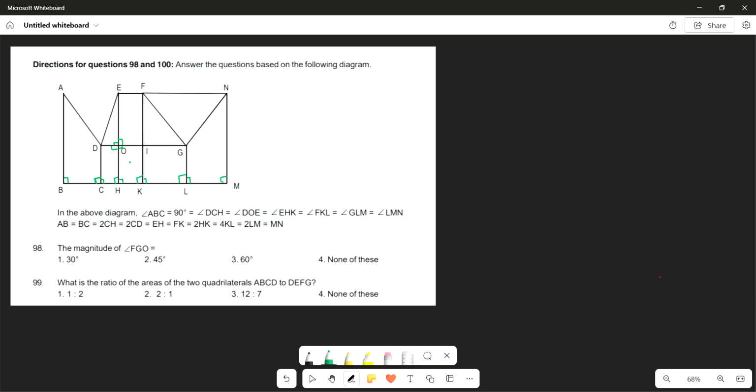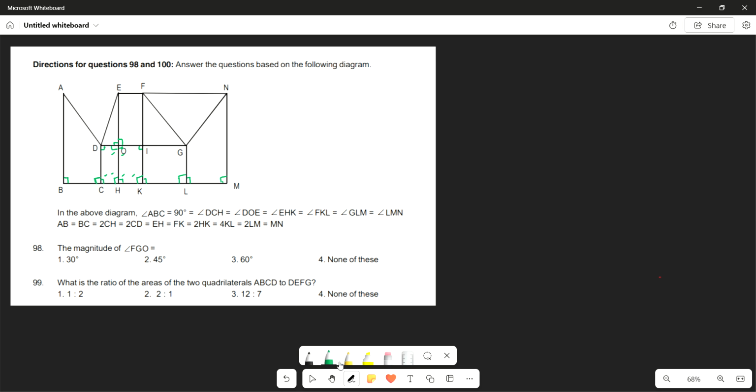Now this angle is 90, this angle is 90, this angle is 90. Three angles are 90 degrees, so the fourth angle will also be 90 degrees. So basically this is a rectangle. Similarly, three angles of a quadrilateral are 90 degrees, so the fourth angle is automatically 90 degrees.